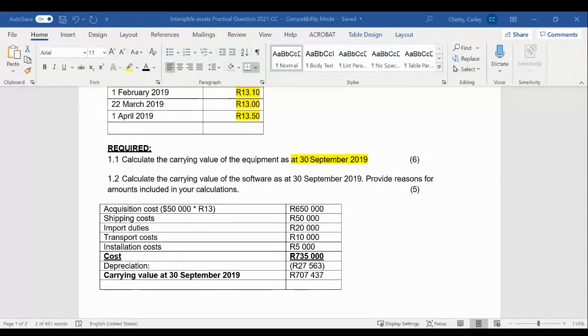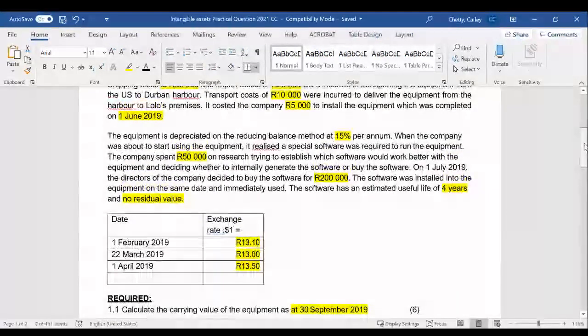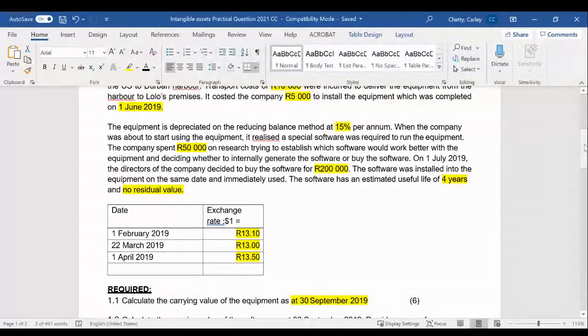Okay. So why did we not include the research costs? Okay, that is a good question. What did the company spend, why did they spend the research costs?